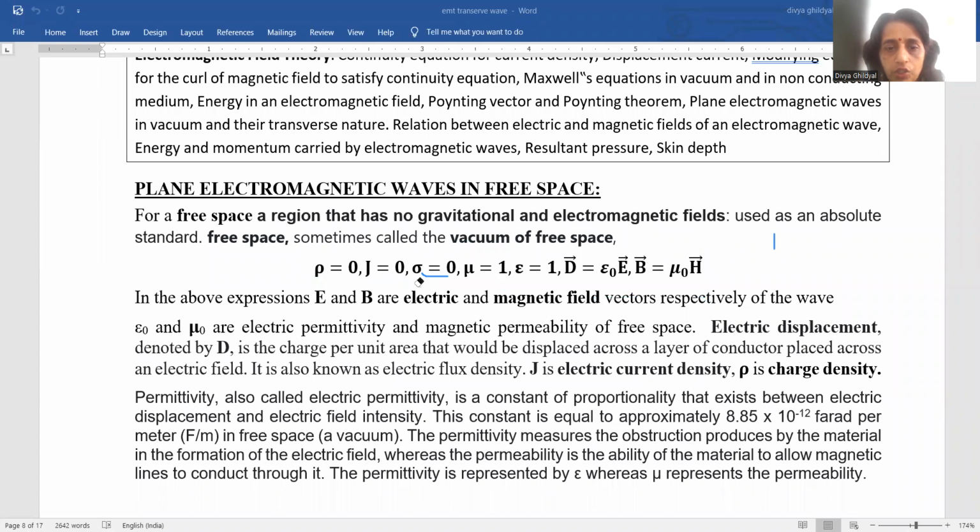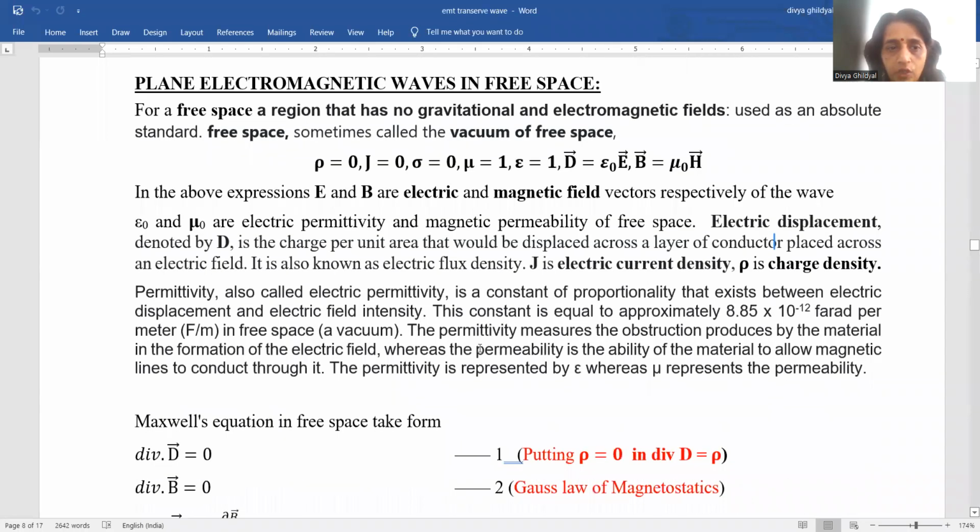Rho equal to 0, J equal to 0, sigma 0, mu equal to 1. Now, let me tell you what is meant by these symbols. Though I have told you in my previous lecture, I will repeat them here once again. Epsilon naught and mu naught are the electric permittivity and magnetic permeability of free space.